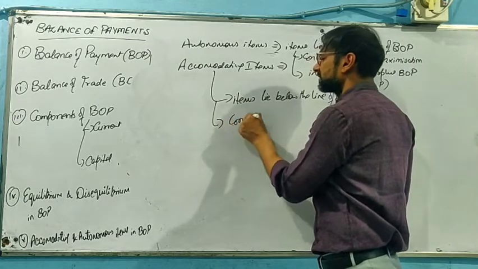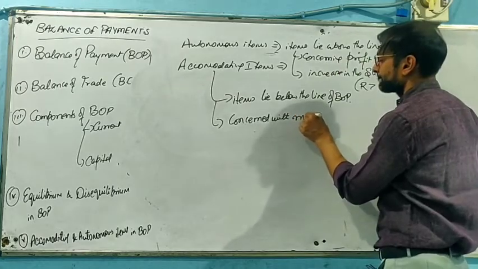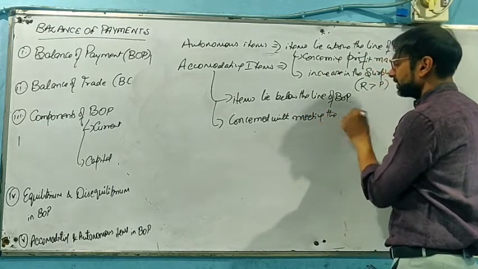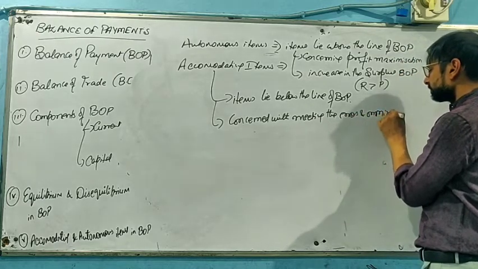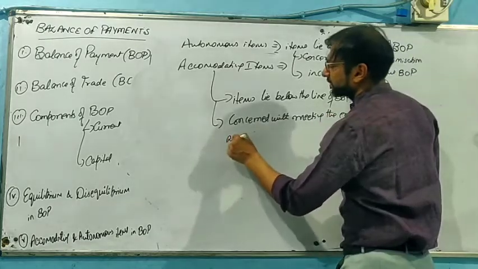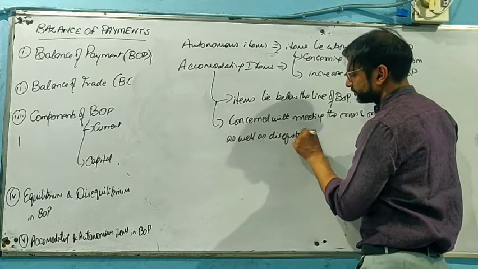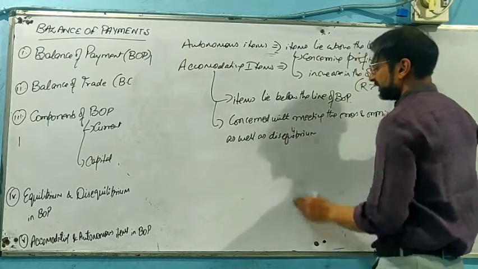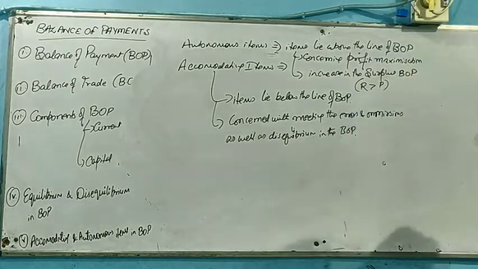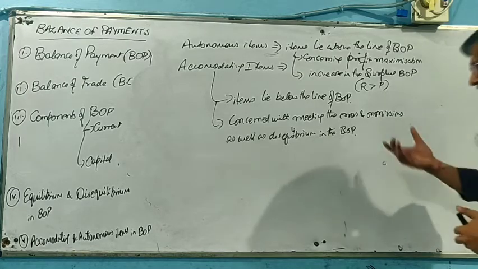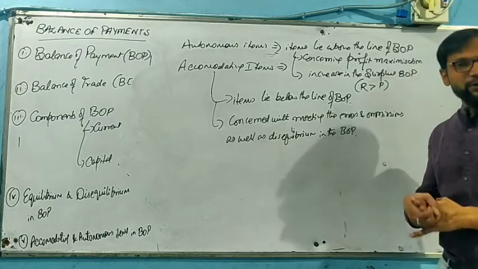They are just concerned with meeting the errors and omissions as well as disequilibrium in the balance of payment. It means let it be surplus or deficit. If there is disequilibrium in the balance of payment, they just need to facilitate the equilibrium.